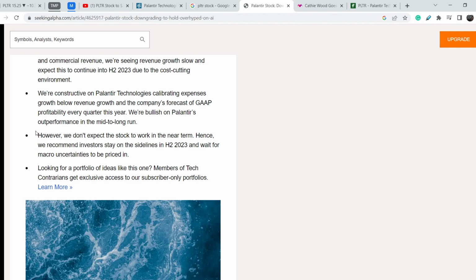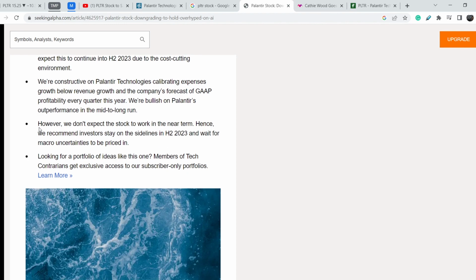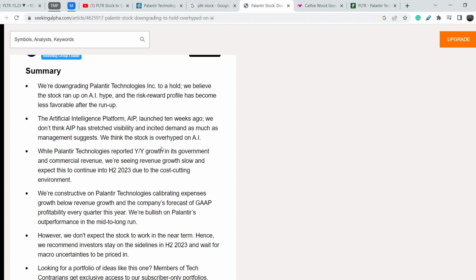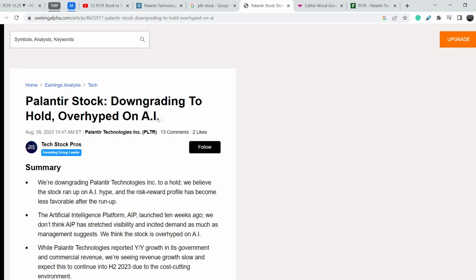We are bullish on Palantir's outperformance in the mid to long run. However, we don't expect the stock to work near term, hence we recommend investors stay on the sidelines in H2 2023 and wait for macro uncertainties to be priced in. I have to say that it is quite a cautious article, more likely neutral, but in general they downgraded Palantir's rating to hold.